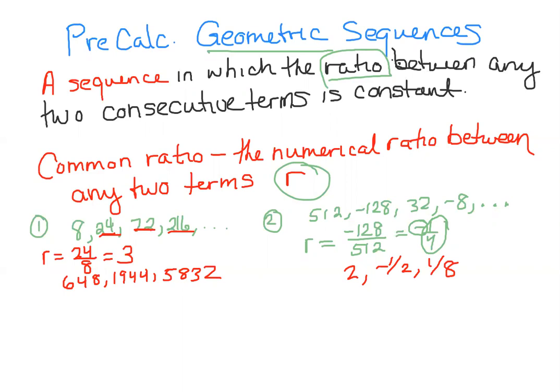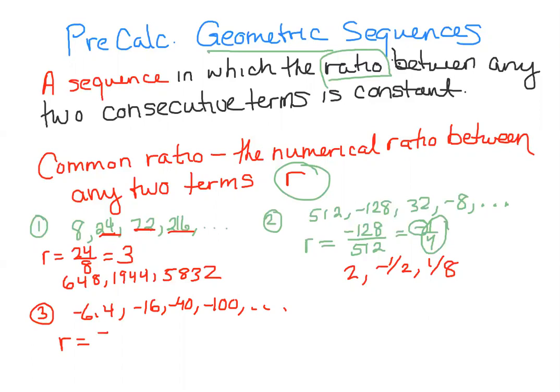All right, so let's look at number 3. We have negative 6.4, negative 16. Is that right? Yeah. Sometimes I can't read these. Negative 16, negative 40, negative 100. So we're going to take any two next to each other and divide.